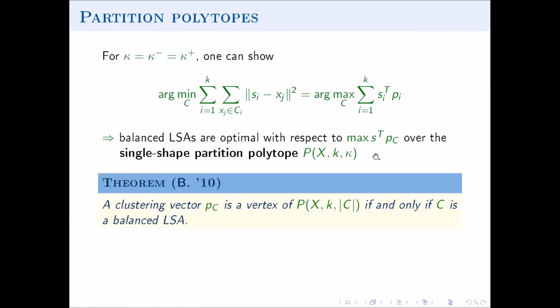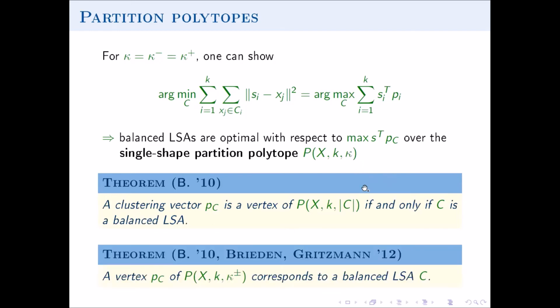And this is something that we've known for a long time. So if you then go to an optimal vertex of this polyhedron, each item is uniquely assigned. So that's a characterization of C being a balanced least squares assignment. So a clustering is a balanced least squares assignment if and only if it is a vertex of the partition polytope of the clusterings that all have the same sizes.